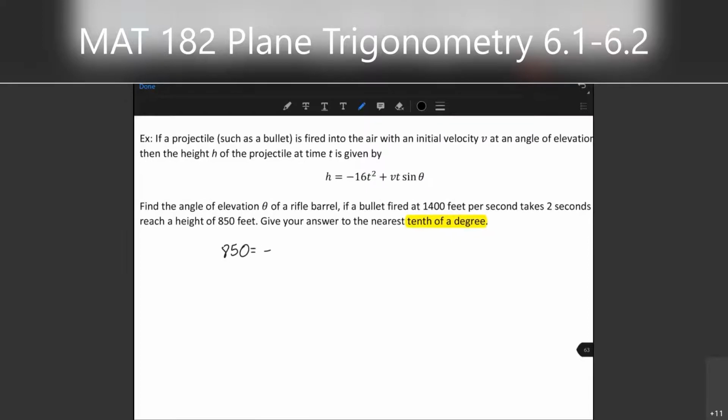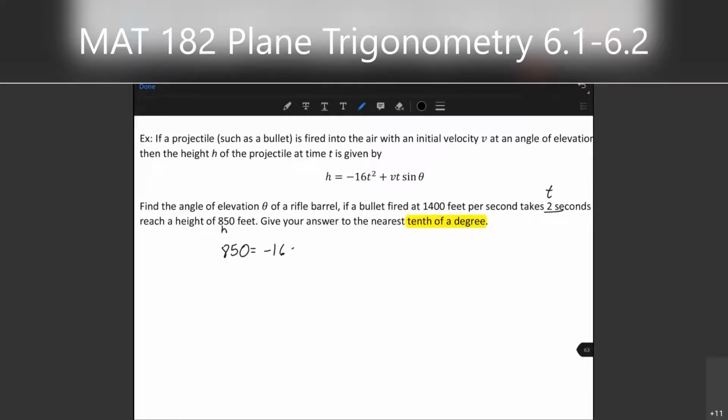And we'll have -16t squared. The time that it took us to get to 850 feet was what? How many seconds did it take? 2. So we have 2 seconds. That's our t. This is our h.